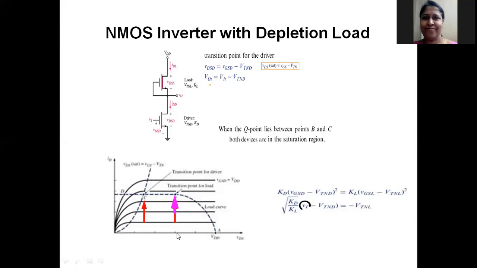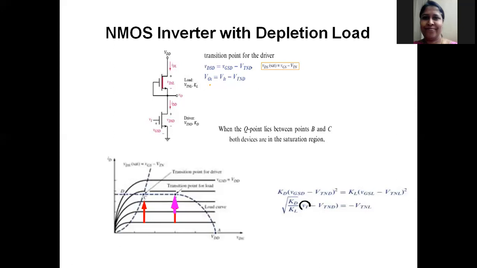So assume that condition, input equal to VDD by 2, both the currents in the devices are saturation currents. Equate the saturation currents, find out what is KD by KL, and try to know what is ZPU by ZPD. ZPU is the W by L ratio of the pull-up device, and ZPD is the W by L ratio of the pull-down device. If you substitute the threshold voltage values, you will get to know that ZPU by ZPD will be equal to 4:1.